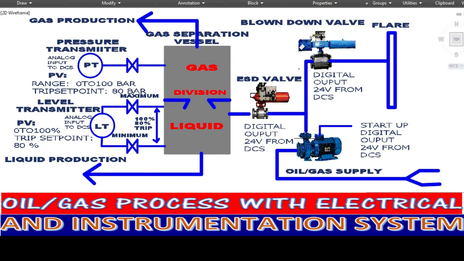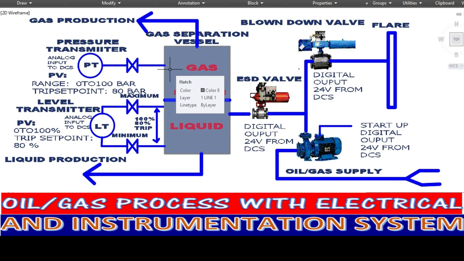The materials come from the pump to the gas separation vessel. The gas material goes up, and the liquid goes to the bottom. That's why there is a line going to the liquid production, and on the top there is a line going to the gas production.